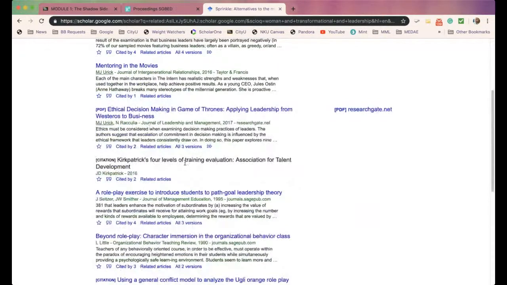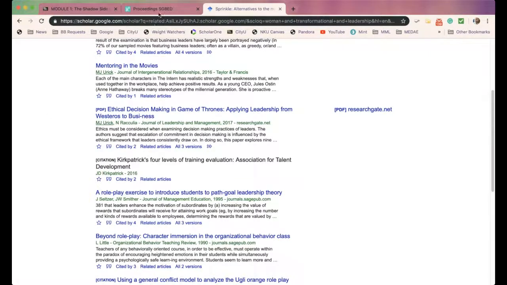That should be an interesting article. Role play exercise to introduce strengths, paths, theory leadership, character immersion, and organizational behavior. So I'm finding a lot of things that all connect to this concept of film as a leadership tool. So I've now generated a bunch of different options to go to in research.